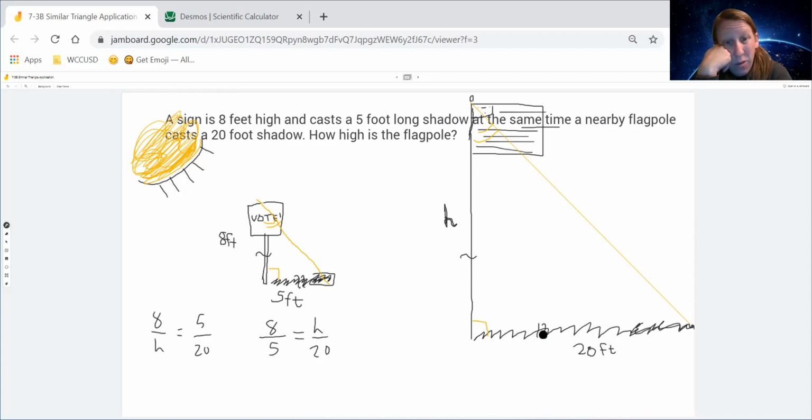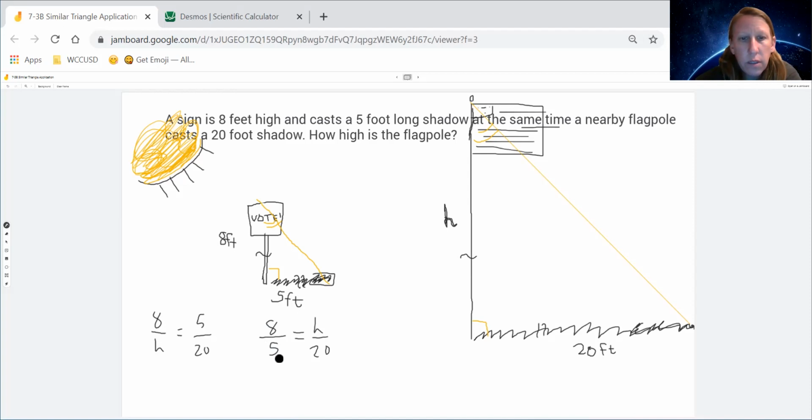I kind of like that one. That's pretty easy for me to do in my head. I kind of like going from left to right, like 8 is to h as 5 is to 20. Okay. However you do it is fine.